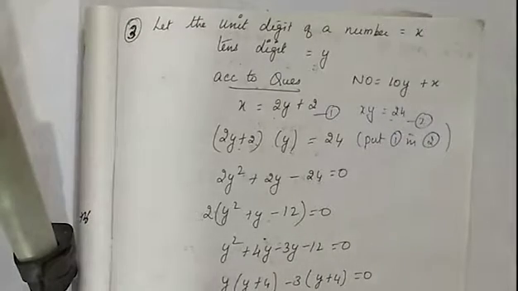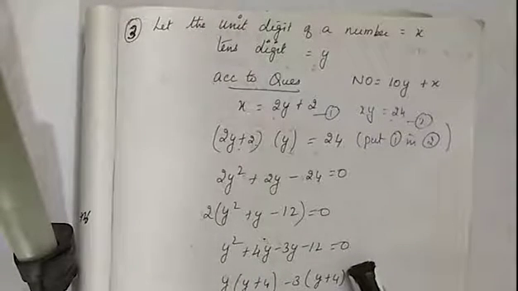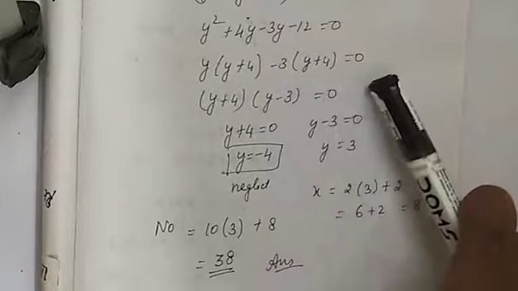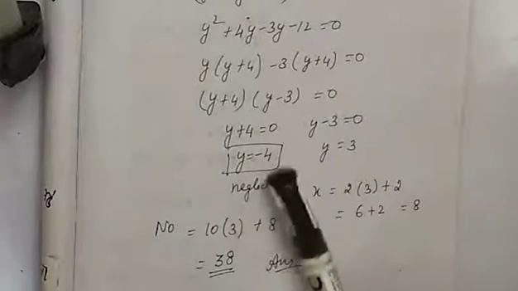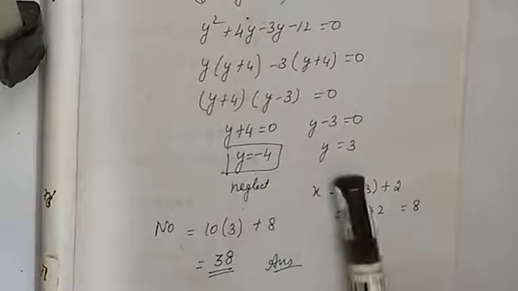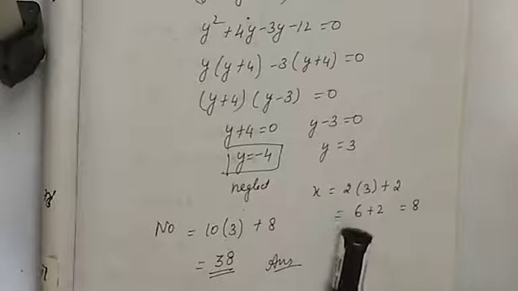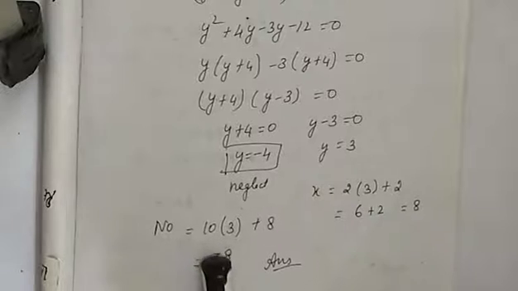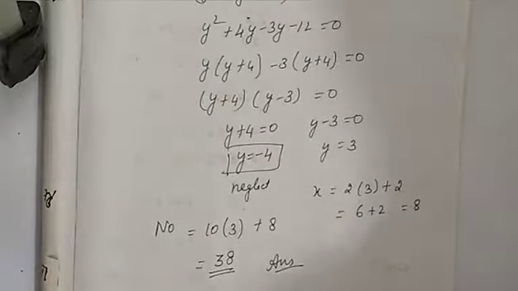Split the middle term. y square plus 4y minus 3y minus 12 is equal to 0. y into y plus 4 minus 3 into y plus 4 is equal to 0. y plus 4 into y minus 3 is equal to 0. y plus 4 is equal to 0, y minus 3 is equal to 0. y is equal to minus 4 or 3. Neglect the negative one and write y is equal to 3. Therefore, x is equal to 2 threes are 6 plus 2, and you will get 8. Now the number is 10 into 3, 30 plus 8, 38. The number is 38.